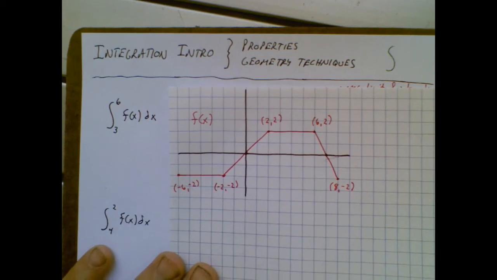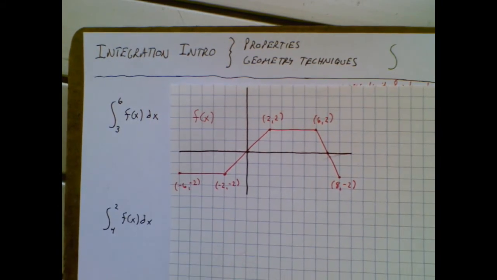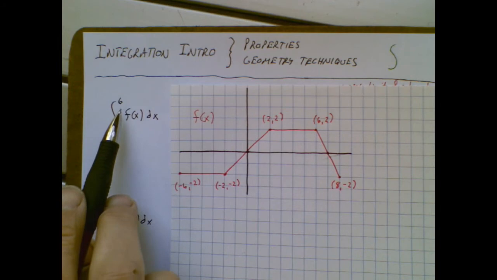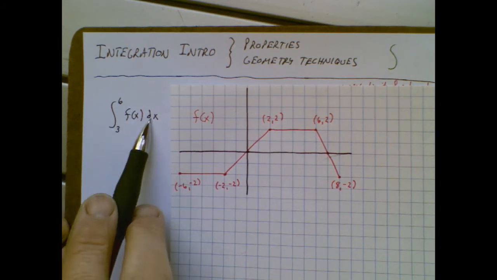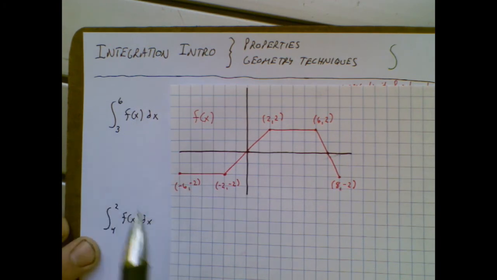And here's what problem 1 is telling us to do. It's saying start at x equals 3 and end at x equals 6, travel along the x-axis, and trap area underneath f of x.